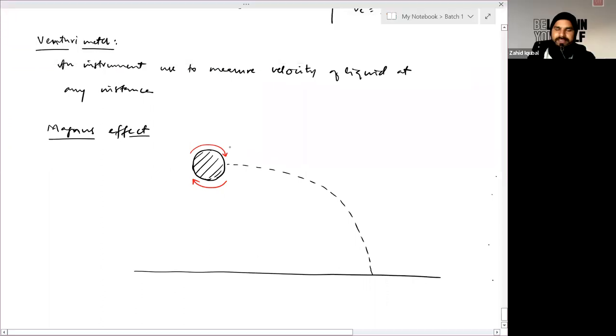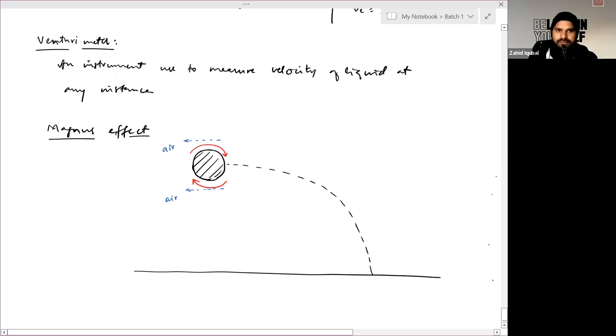Let me define its mechanism. Suppose you throw this particular ball in clockwise spinning, so air around it must be going along this way. This is movement of air. Now just try to calculate net velocity at this highest point.